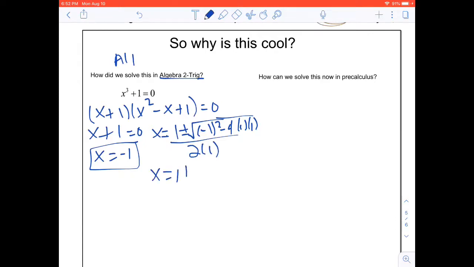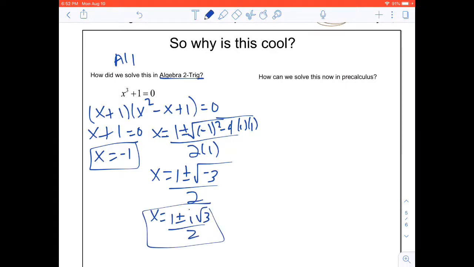So that gives me 1 plus or minus the square root of negative 3, all over 2. And we get 1 plus or minus I root 3 over 2. And those were my 2 imaginary roots. And by the fundamental theorem of algebra, we were guaranteed 3 solutions. And in this case, we have 1 real and we have 2 imaginary or complex numbers.